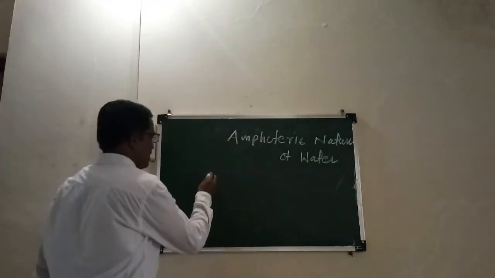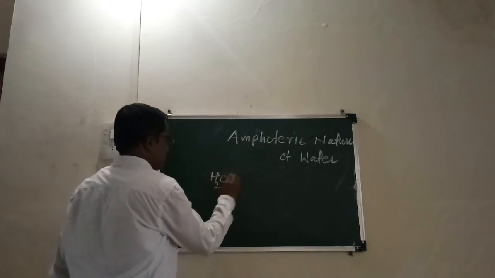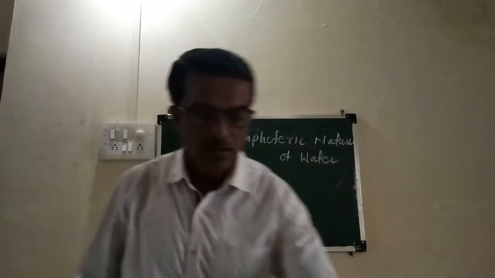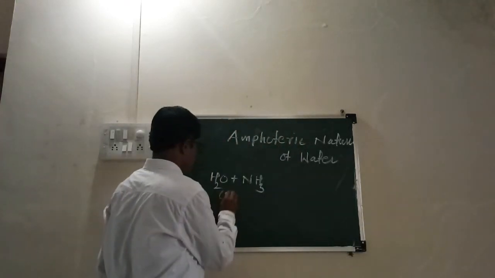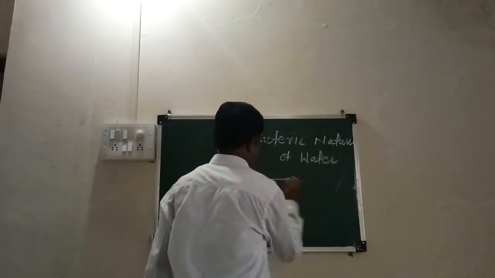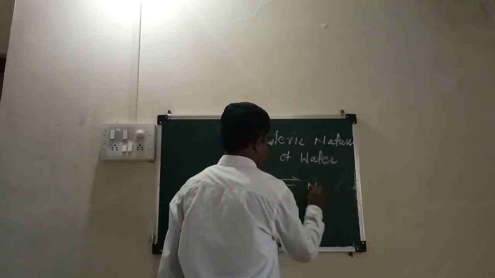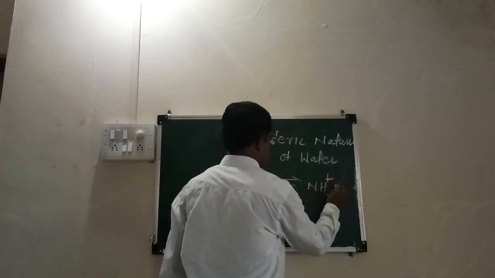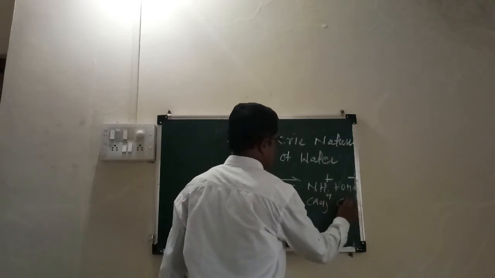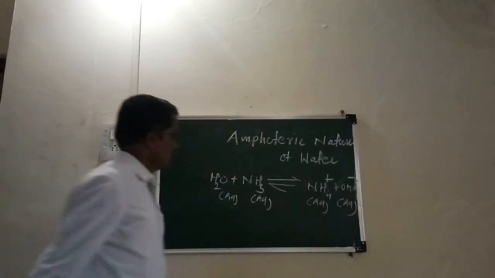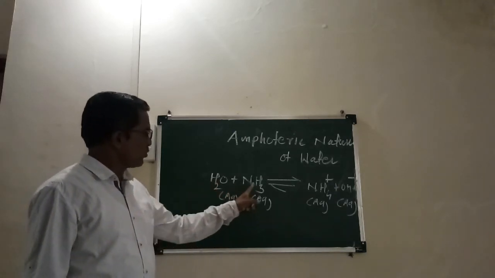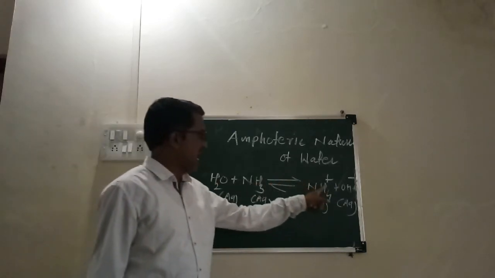Take down an example. When water reacts with ammonia, in a reversible reaction, it gives NH4 plus plus OH minus ions. In this example, water can donate a proton to the ammonia and therefore it acts as an acid.